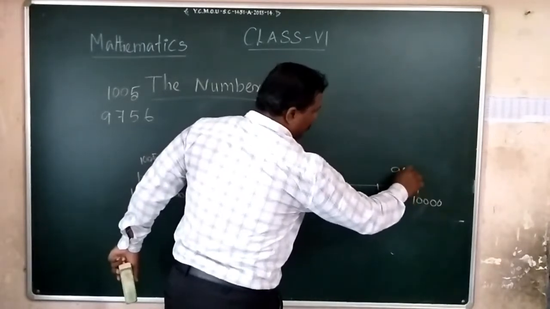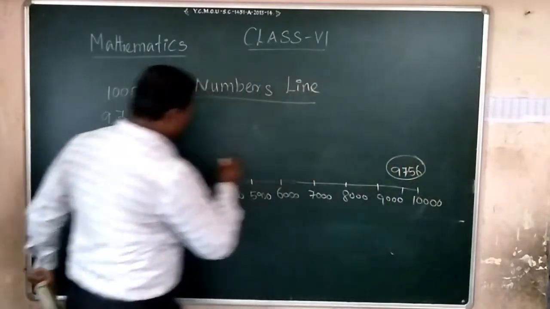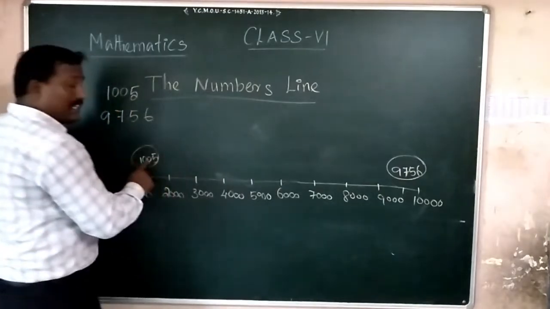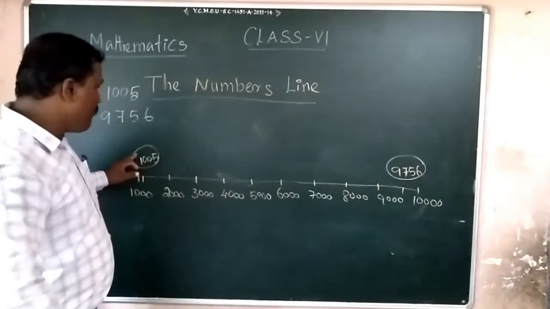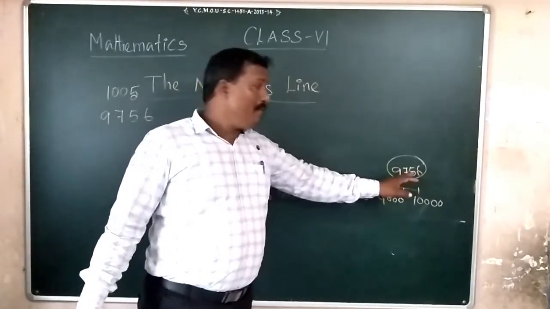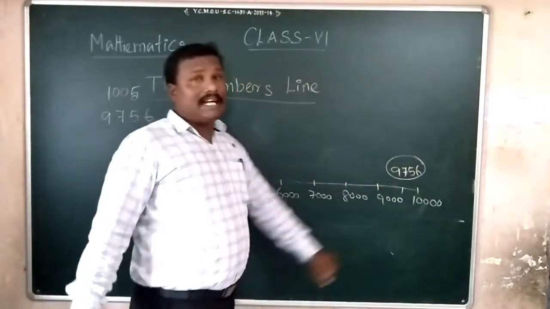So compare 9756 and 1005: this is the right side and this is the left side. 1005 is on the left side, but 9000 is on the right side. So we can say easily using this number line that 9756 is the greater number.